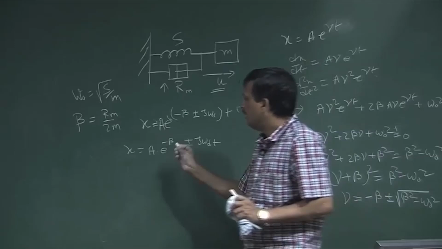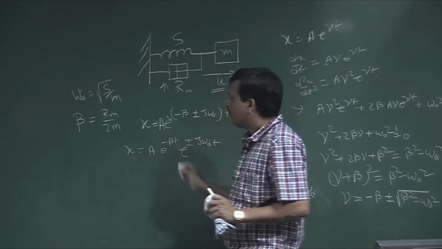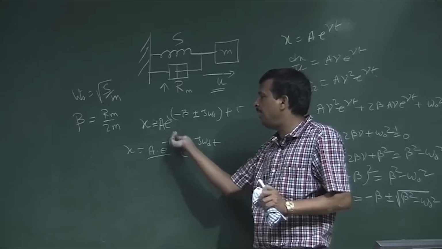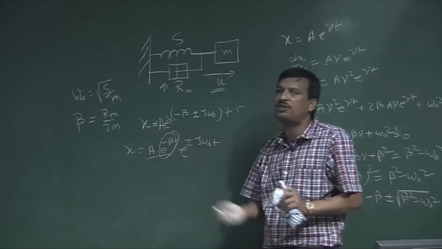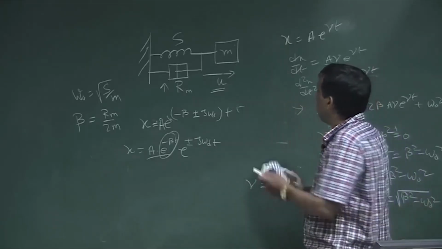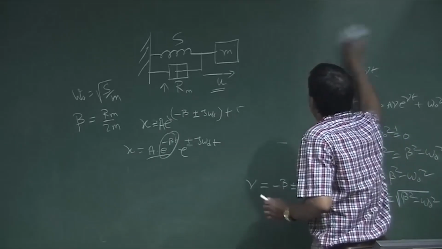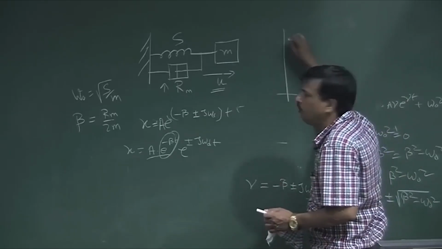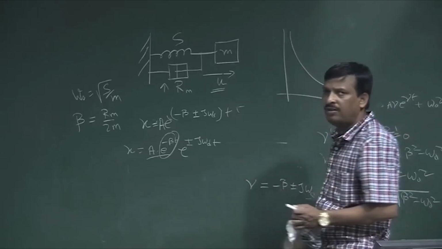See that the amplitude part is multiplied by a negative exponential term. So, what is the meaning? What does a negative exponential term do? It will gradually decay down. The curve of A e to the power minus beta t is nothing but this one.